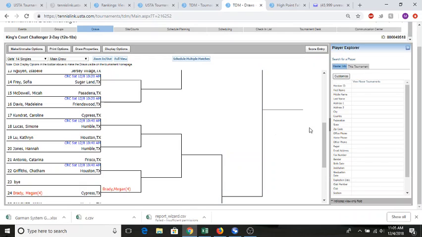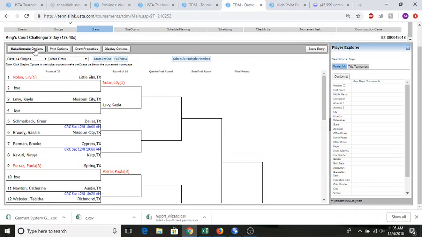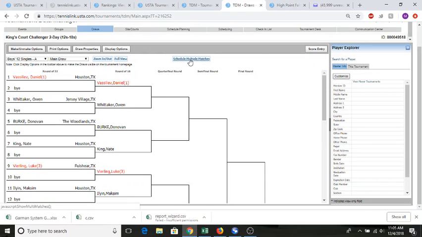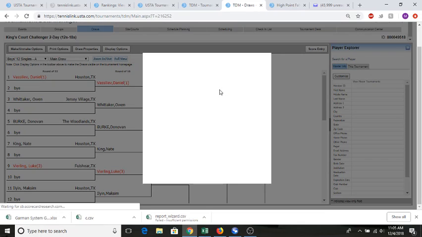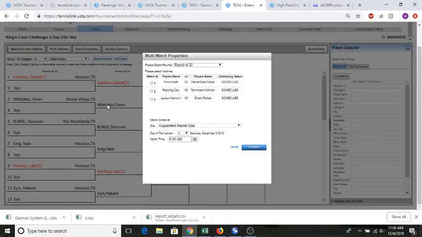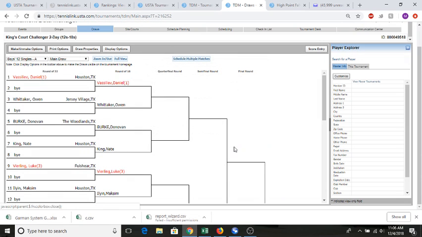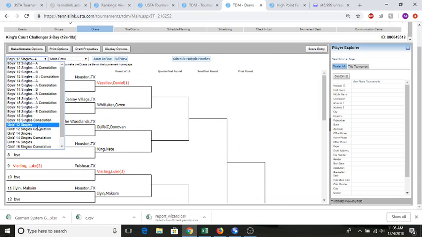My next draw is Boys 12s A. Alright, and we've already scheduled the first round matches, so we're on to the next round. So we'll start with the players that got byes, because we want them to lose and get to the consolation. So, I already forgot how many I scheduled, so let me go back to my girls 14s draw.